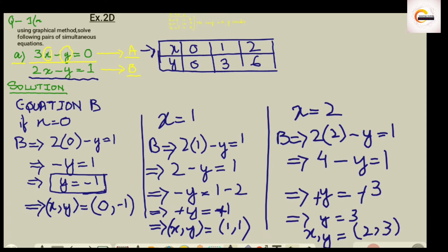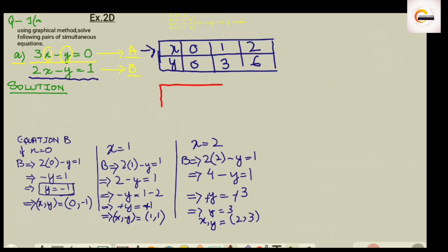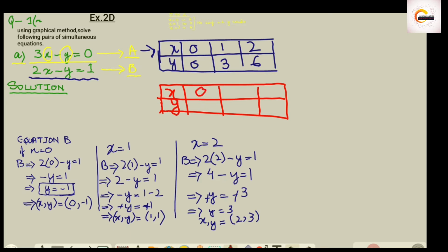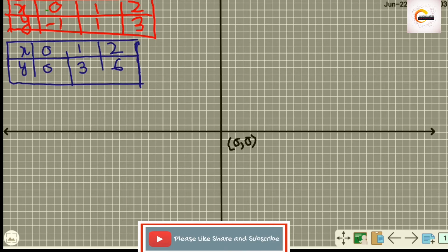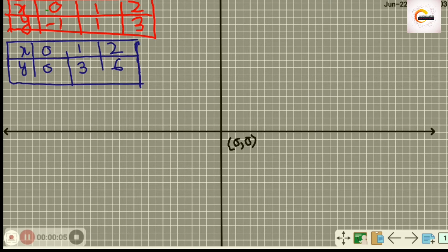I'm going to make the table of all these 3 coordinates for equation B: if x equals 0, 1, 2, then y is minus 1, 1, and 3. These are the 3 coordinates of the straight line B. I'm going to plot these 3 points, and let's see if we can make the straight line. So let's get to the graph. Now I have all 3 points for both equation A and equation B.